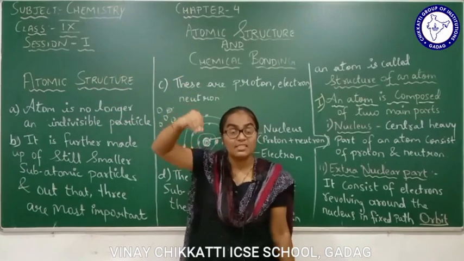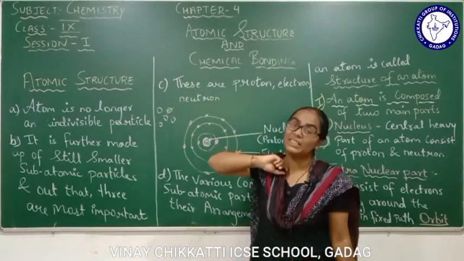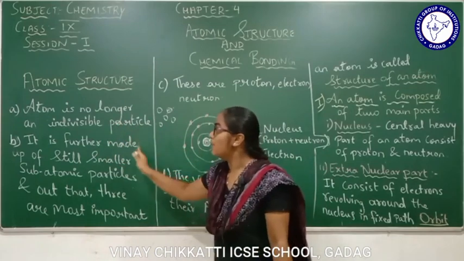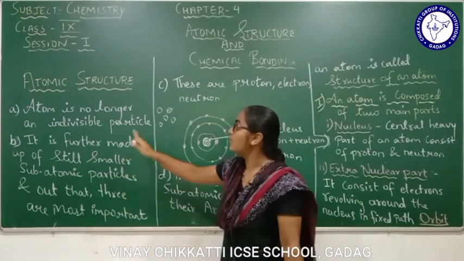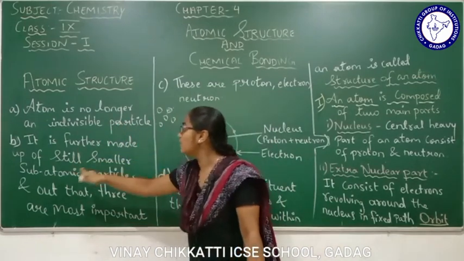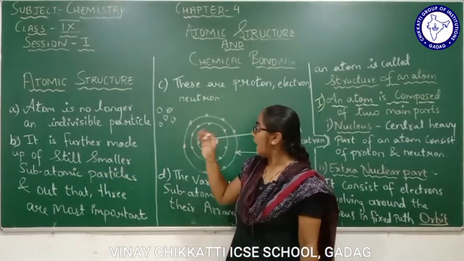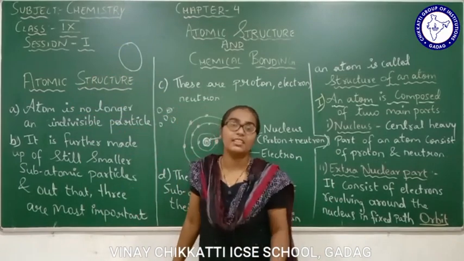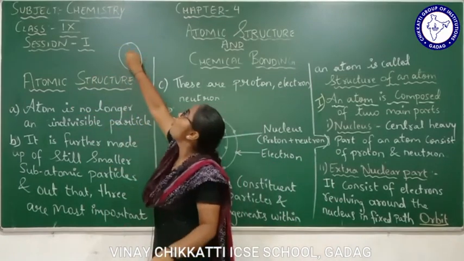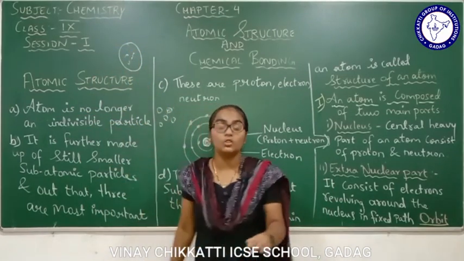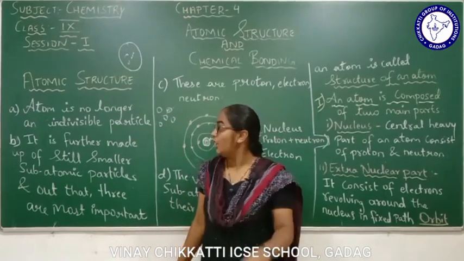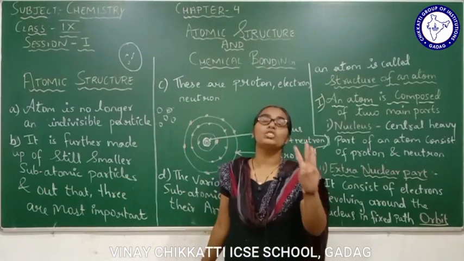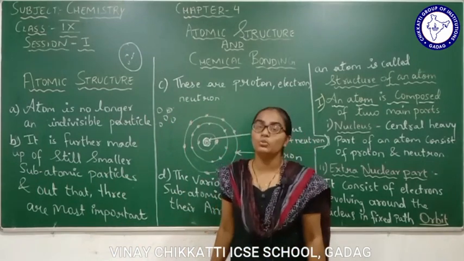But they have certain atomic particles within them. Now this atom is further made up of still smaller tiny particles, called subatomic particles, right? Three are the most important subatomic particles you need to study.